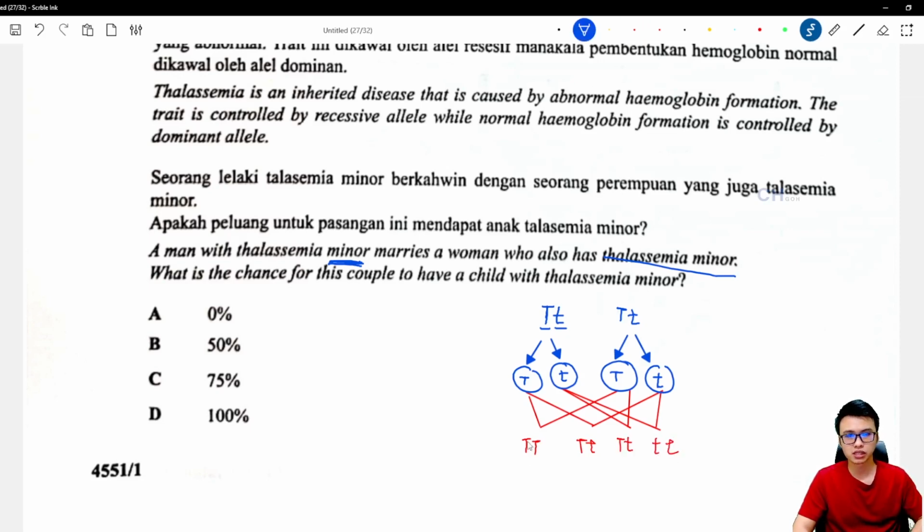So you can see the carrier is here: one of the alleles is normal, another allele is for thalassemia. So we have 2 out of 4, 2 over 4, probability to have thalassemia minor, which equals 50%. So the answer here should be 50%.